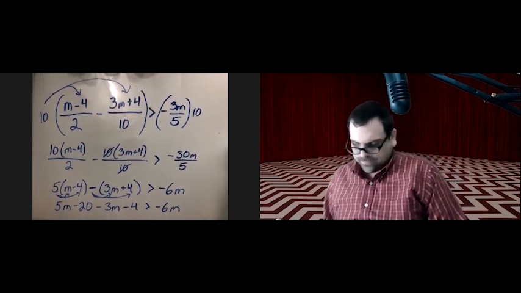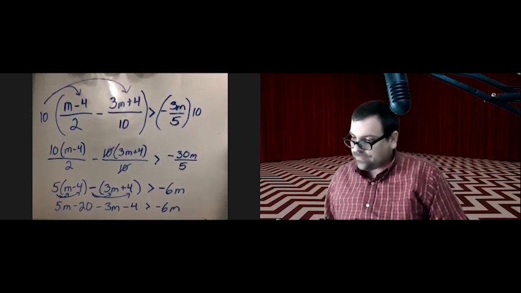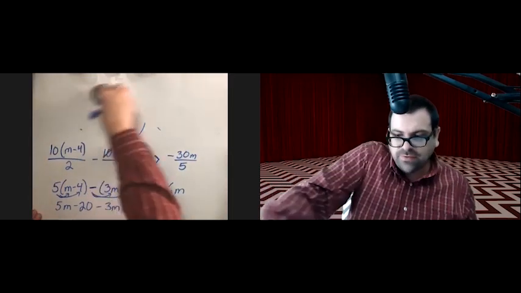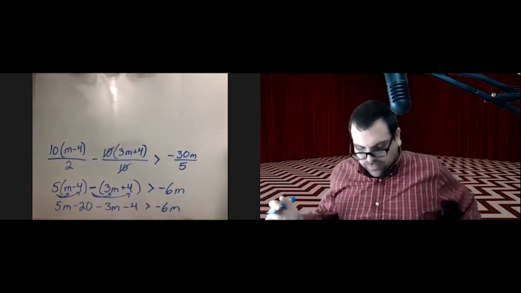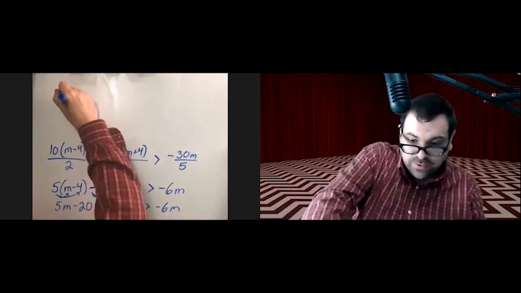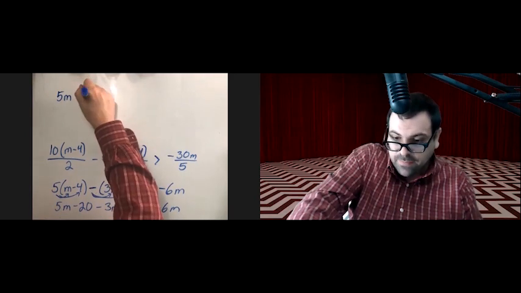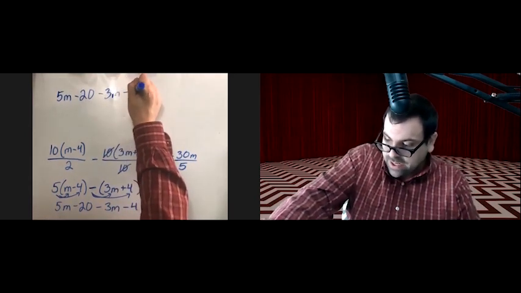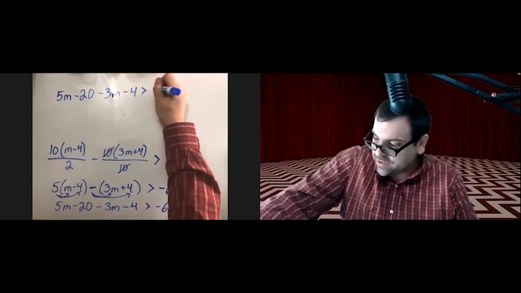I'm going to go ahead and erase the top of this problem to give myself more room to work for now. I'm going to recopy this line exactly with no changes. 5m minus 20 minus 3m minus 4. This is, again, just so I have the room.